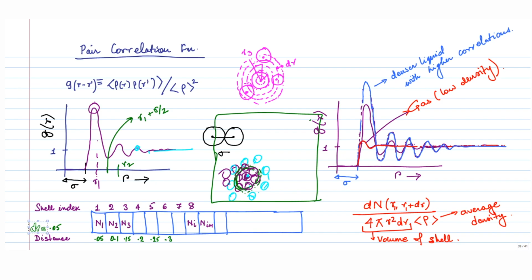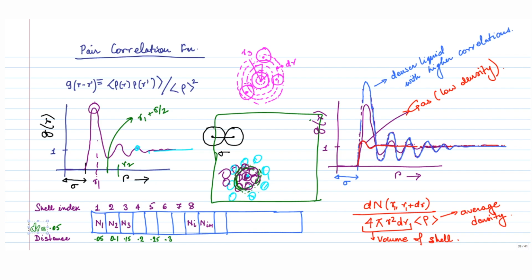Then L by 2 is 15, and the length of this array in which you shall store the values of g of r while it is being calculated will be L by 2 divided by dr, because you are going up to half the length of the box, the maximum distance, and dividing it into small segments of width dr. So, the length of the array in which you shall store the pair correlation function will be L by 2 divided by dr.